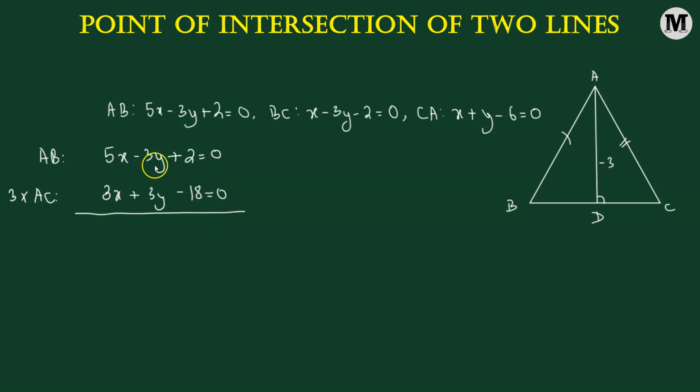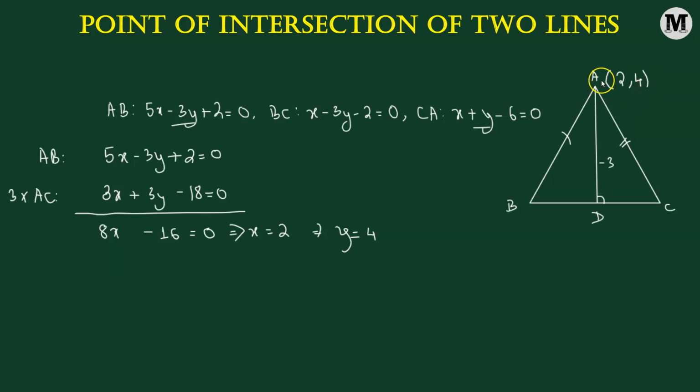Let's add up the two equations. 5x added to 3x gives us 8x. Negative 3y and positive 3y cancel out. Then we have 2 minus 18, which gives us negative 16, equals 0. So solving for x, we get x equals 2. Now that we have the value of x, we can substitute x in either the equation of AB or that of CA to find y. This gives us the corresponding y value as 4. So the coordinates of the point A are 2, 4.